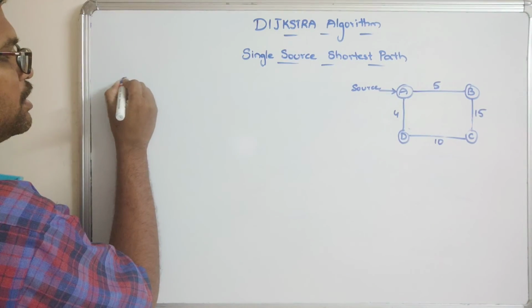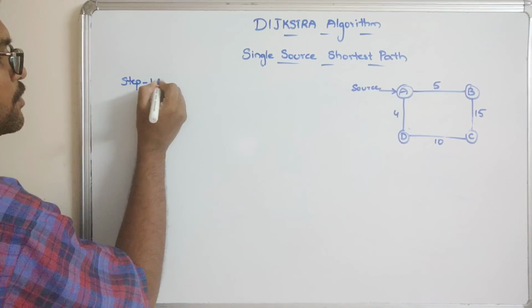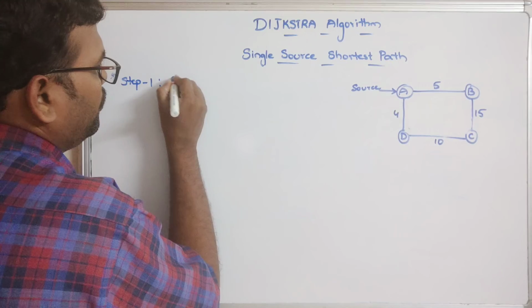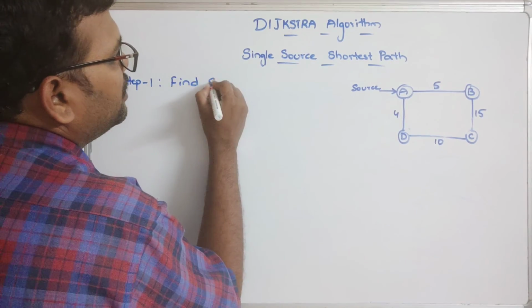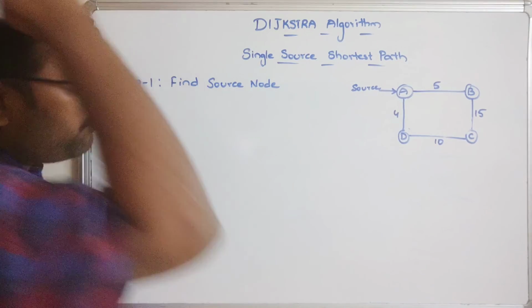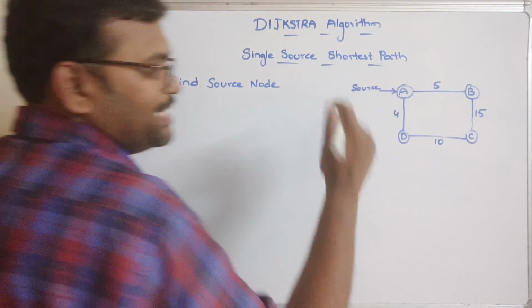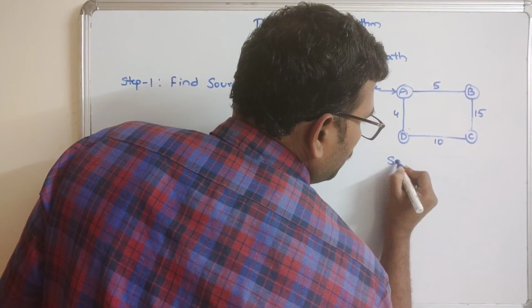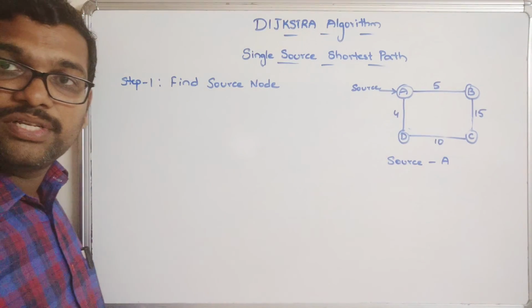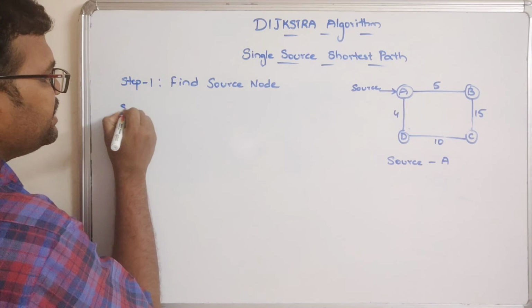Step one, find the source node. In this example, let us assume the source is A. And step 2.